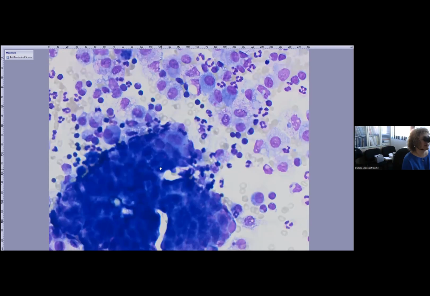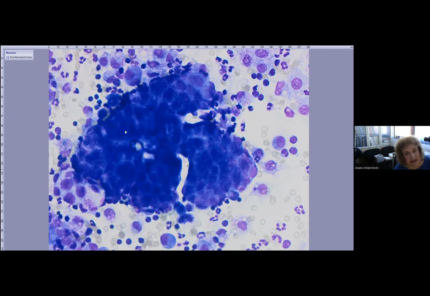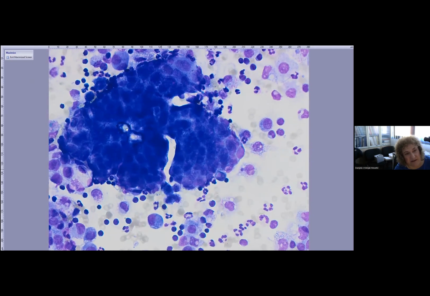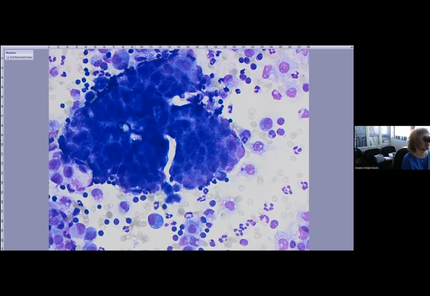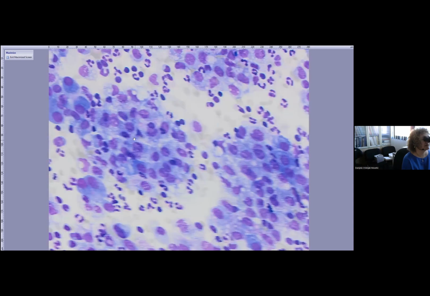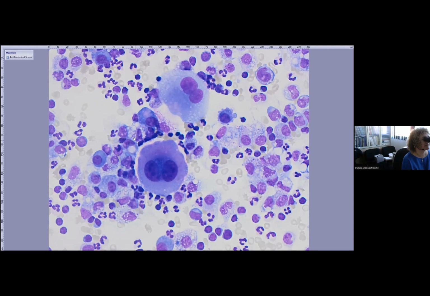And if you can see here, this is psammoma body and how it looks like in MGG. It really doesn't stain at all. It is like whitish structures. Just sort of refractile. Refractile, yes. Yes, and some individual malignant cells.